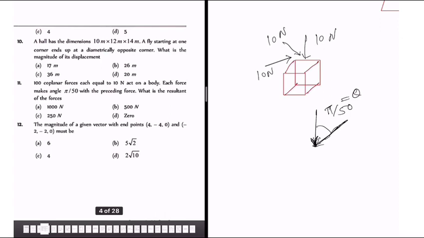You can say theta. And how many forces are there? 100. So 100 into pi by 50 is 2 pi, and 2 pi radian is 360 degree.